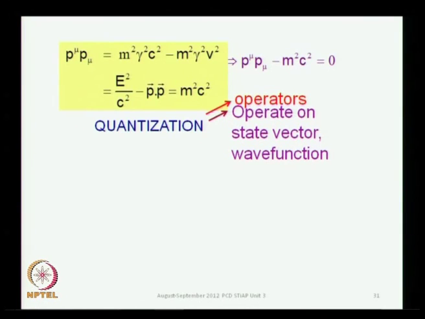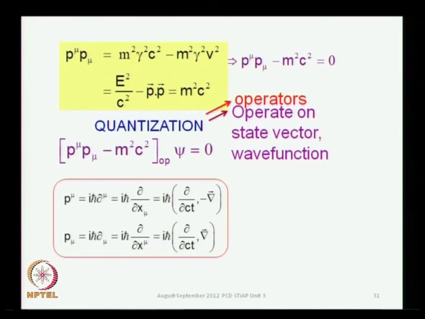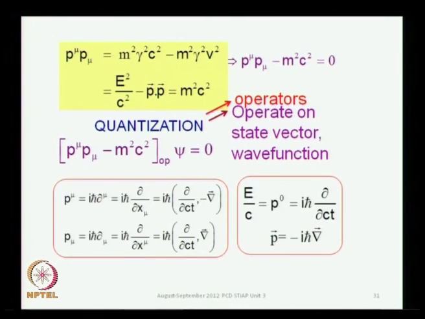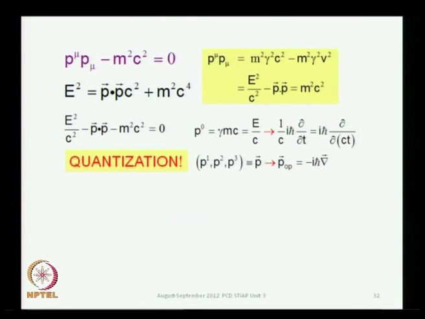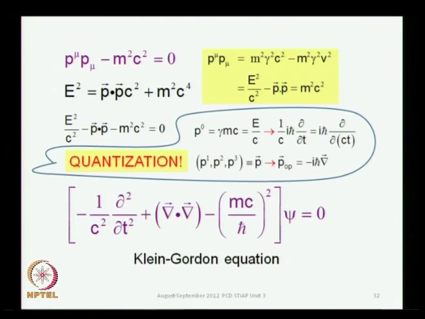These would need to operate on the state vector of the system or the wave function, and then you come up with a wave equation. So, this is the wave equation that you would get. So, this is the quantization scheme. So far so good, looks fine, and when you put in all of these operators in this relation, you get what is called the Klein-Gordon equation.